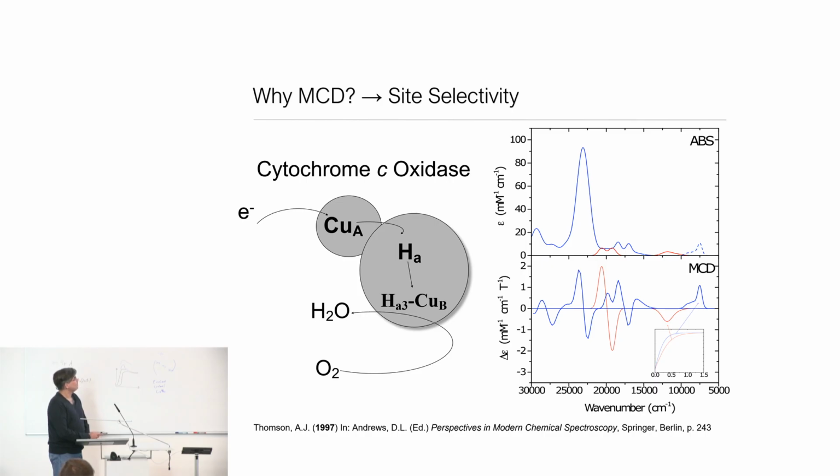But you can figure out that there are some absorption bands here, for example, where only the copper A site absorbs, whereas here is completely dominated by the porphyrin. So if you want to measure the magnetic properties, or you want to have a selective probe into one of the metal sites, all you have to do is set your spectrometer to this wavelength or to that wavelength and then measure the magnetism of it.